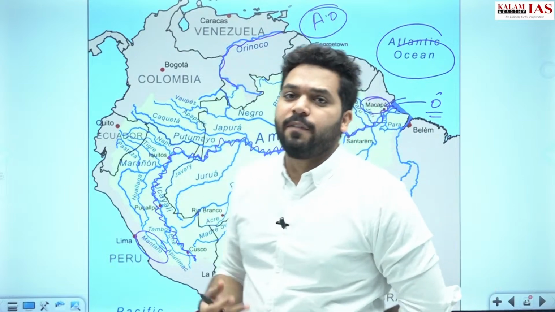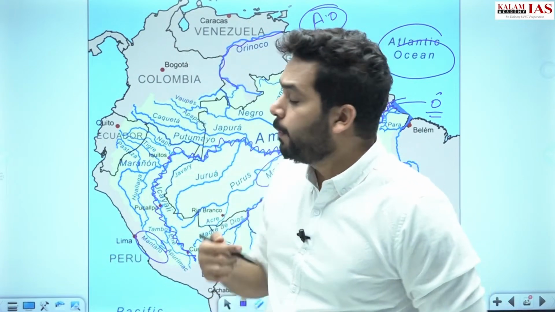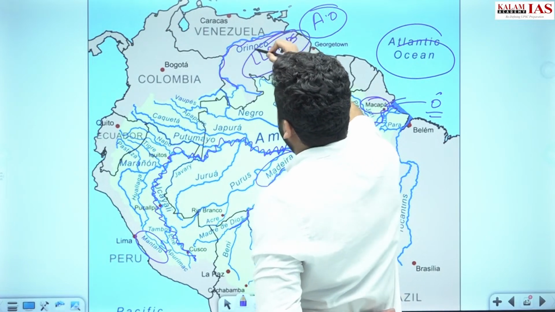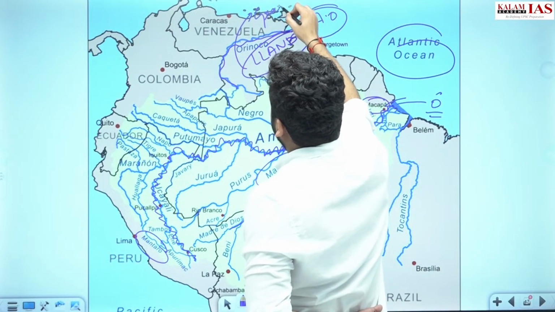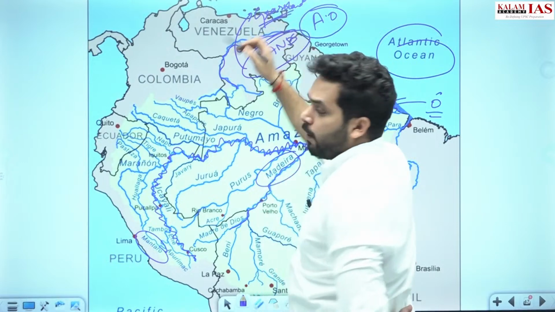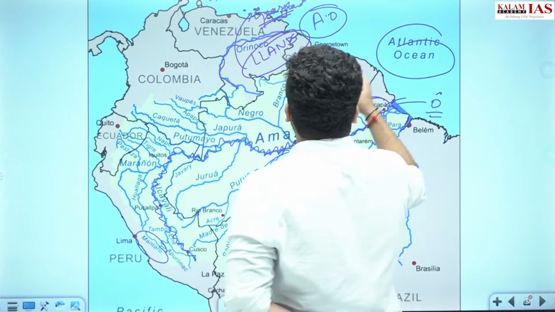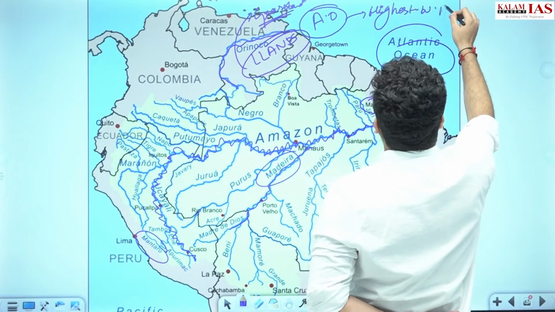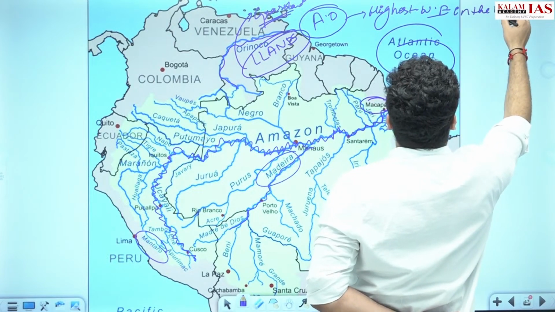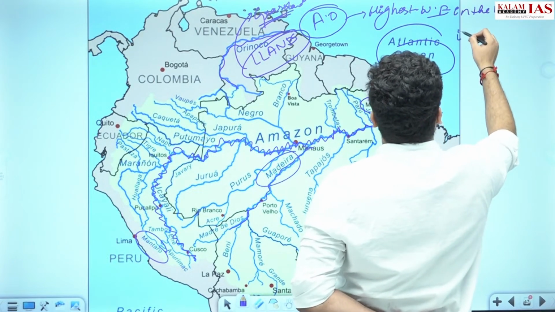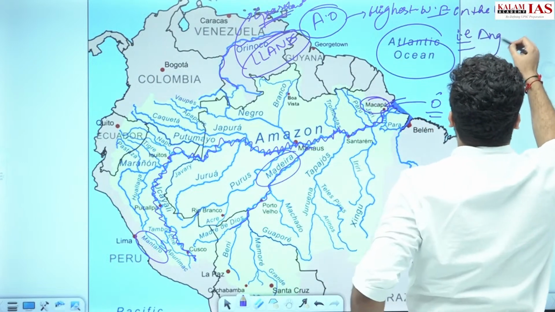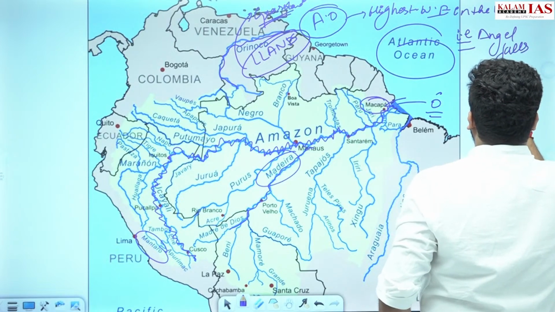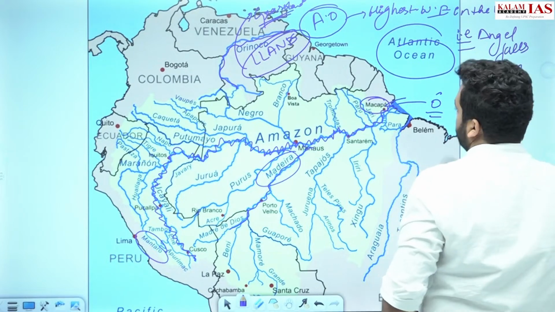For Orinoco River you have to remember 2 facts. First, the Llanos grasslands are around Orinoco River. Second, the highest waterfall in the world, Angel Falls, is on the Orinoco River in Venezuela.